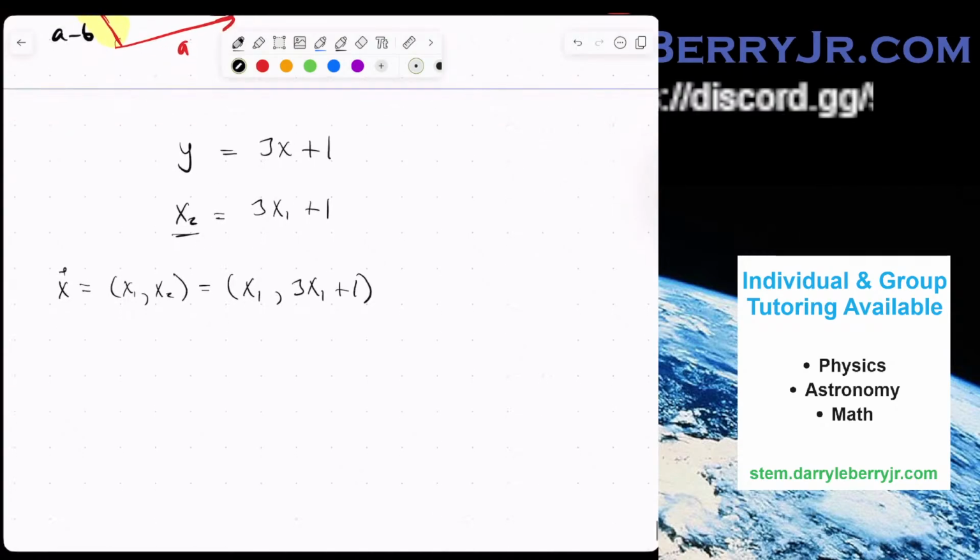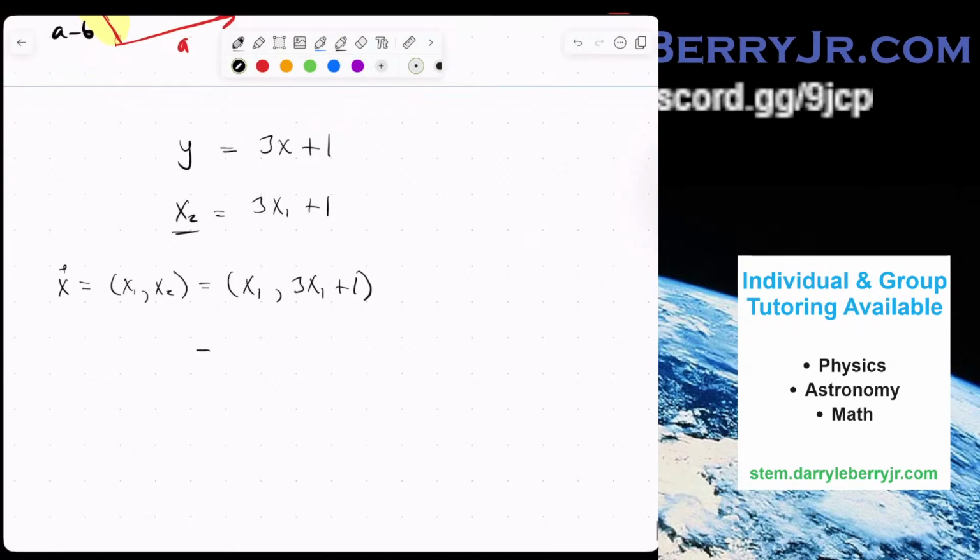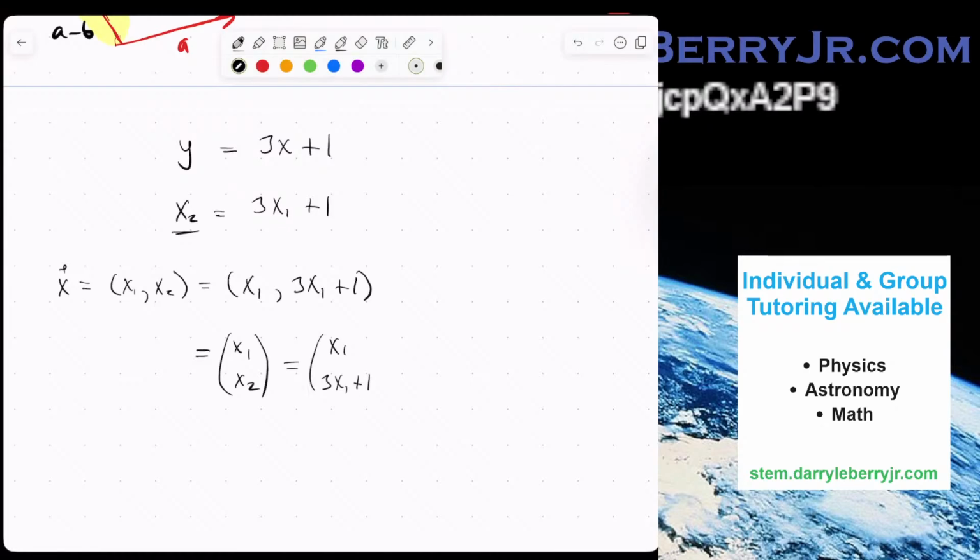And now we can factor out the numbers. So that's going to equal x1, 3x1 plus 1.